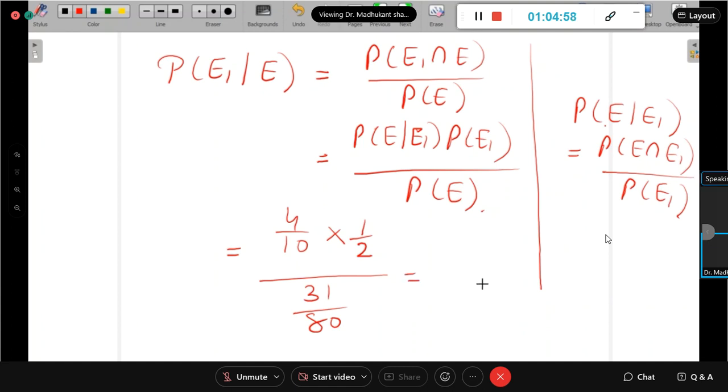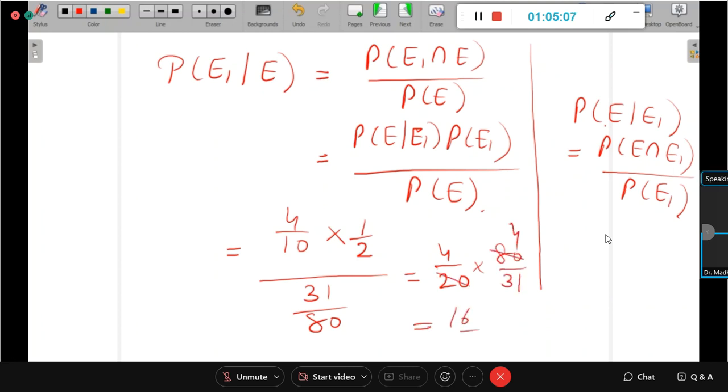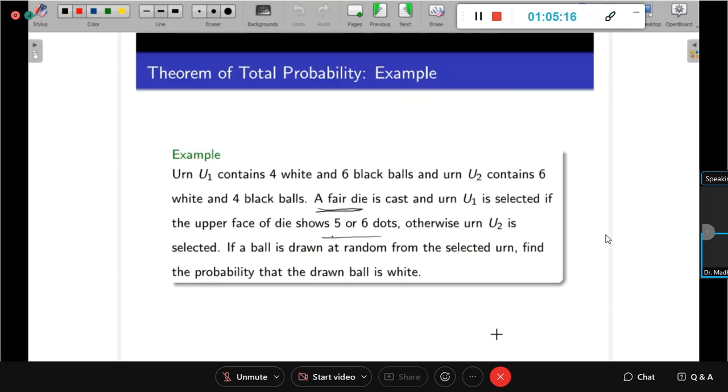So 4 by 20 into 80 by 31, so you have 16 by 31. That's the probability of selecting urn 1 by using the Bayes theorem.